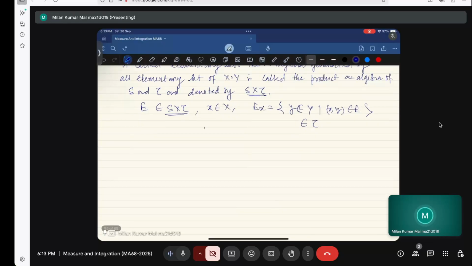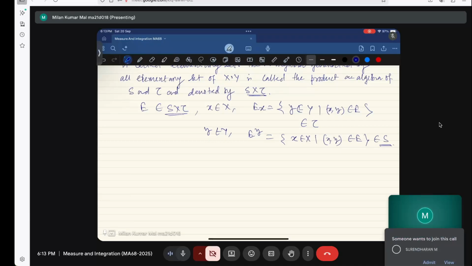Similarly, for any y belonging to capital Y, if one considers Ey equal to all x belonging to capital X such that (x, y) belongs to E, this must be a measurable set in S.